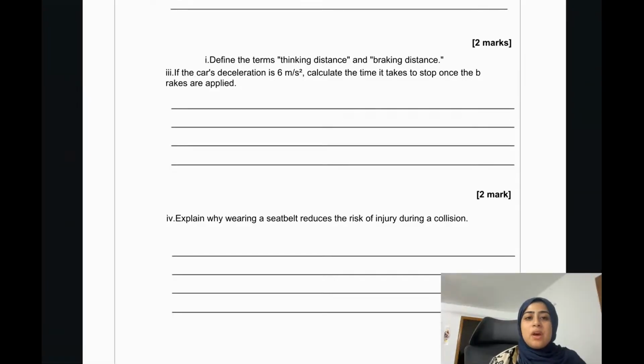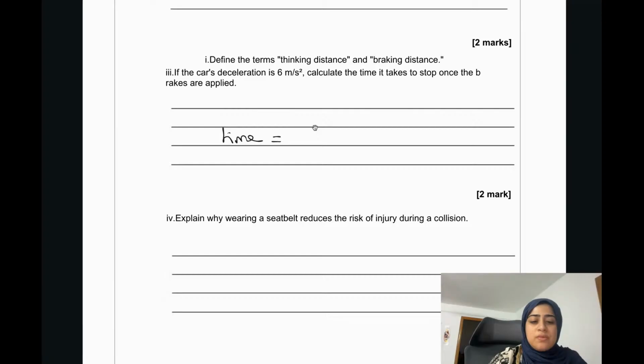Next, if the car's deceleration is 6 meters per second squared, what's the time taken to stop? Well, we know that time is equal to the change in velocity over the deceleration.